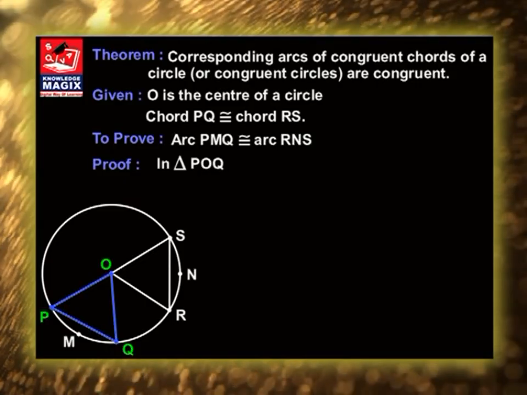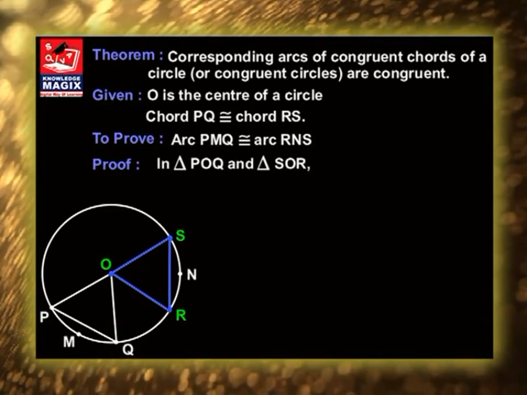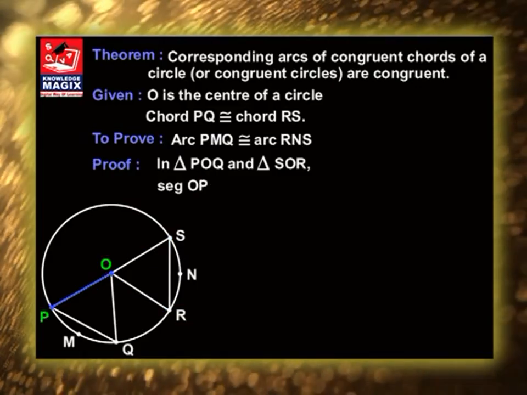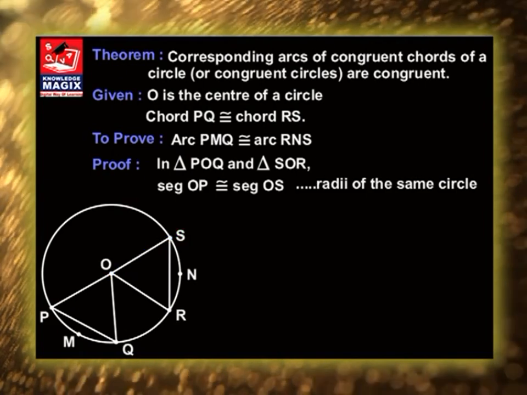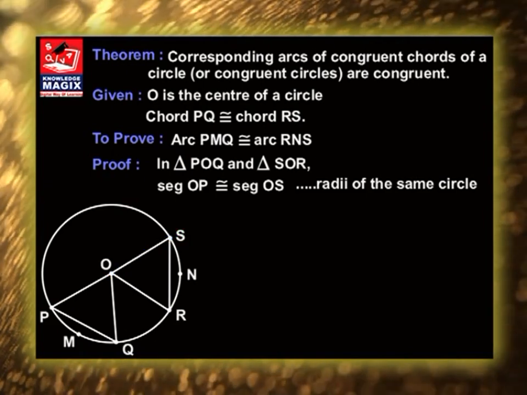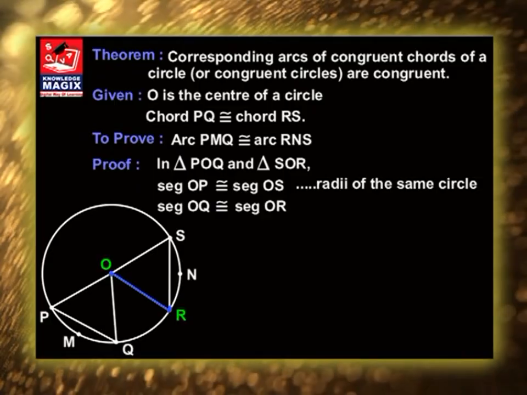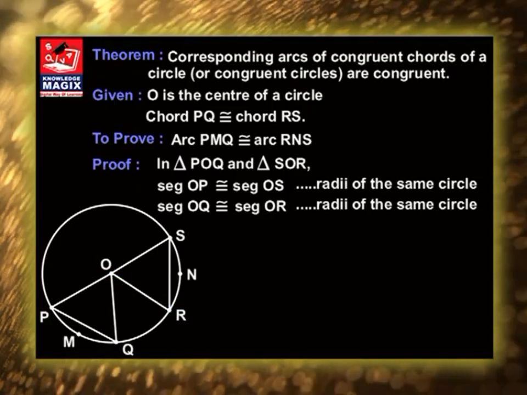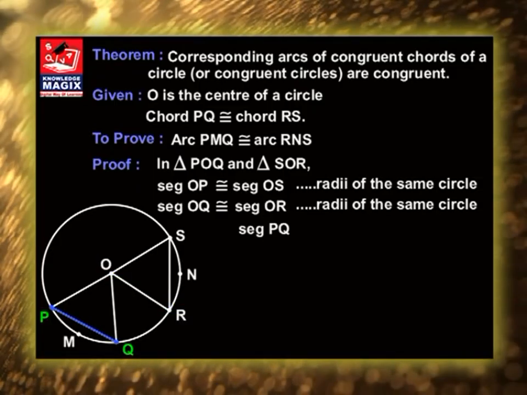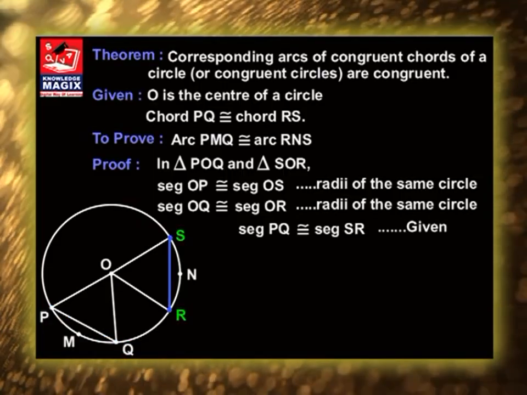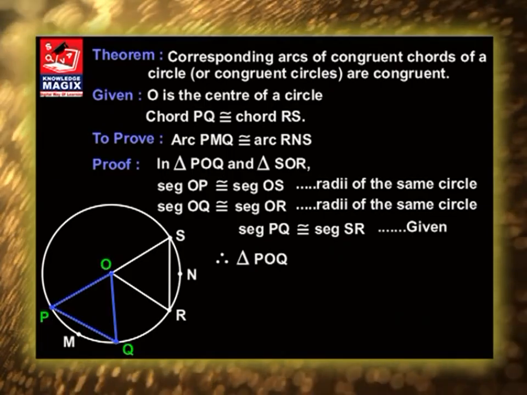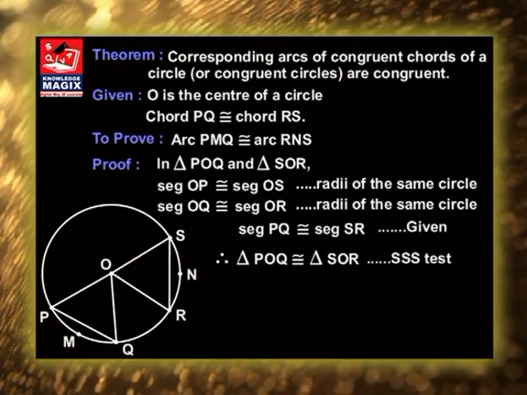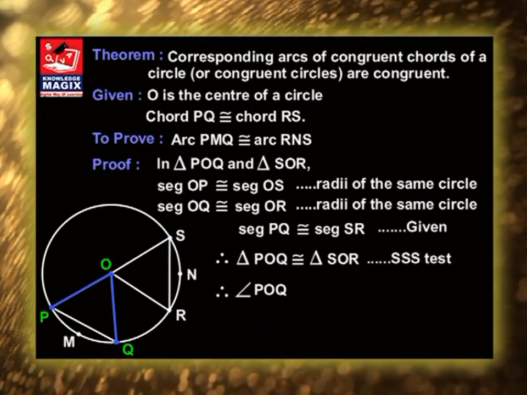In triangle POQ and triangle SOR, seg OP congruent seg OS, radii of the same circle. Seg OQ congruent seg OR, radii of the same circle. Seg PQ congruent seg SR, given. Therefore, triangle POQ congruent triangle SOR by SSS test.